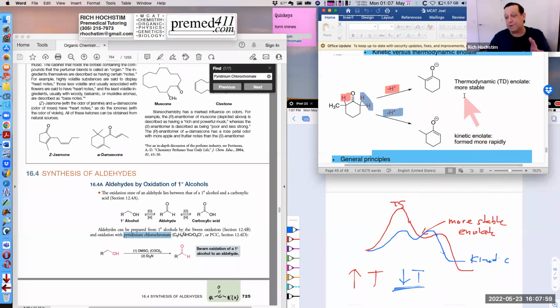So the idea is the one with the lower transition state is going to form faster, and the one that's more stable as a product is the one that will form at a higher temperature, because the molecule will go back and forth, and then it will accumulate into the more stable form. So that's the idea behind thermodynamic and kinetic.